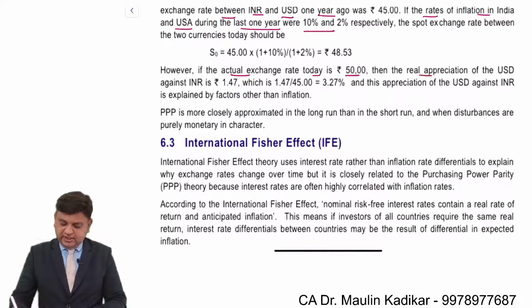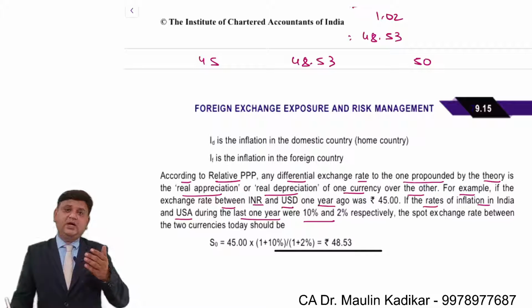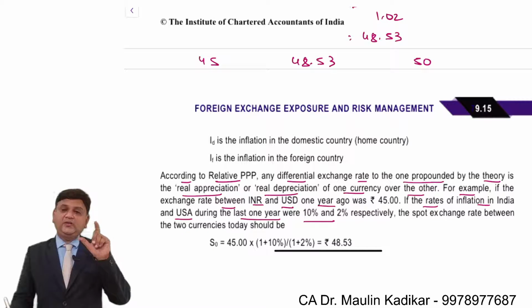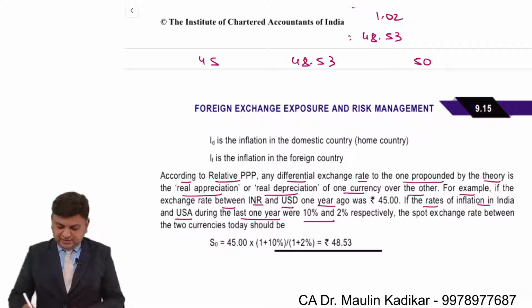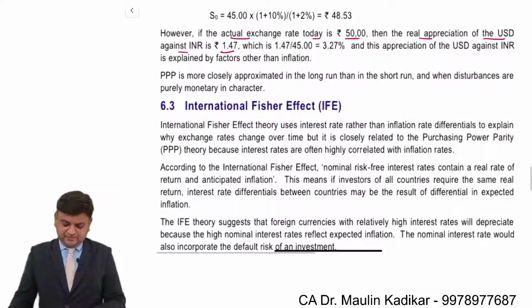Then the real appreciation of the dollar against rupee is 1.47. So what is the real appreciation? Keeping the appreciation apart from the inflation. This appreciation of the dollar currency is due to the inflation rate. Now this appreciation is due to factors other than the inflation rate, that is 1 rupee 47 paise.